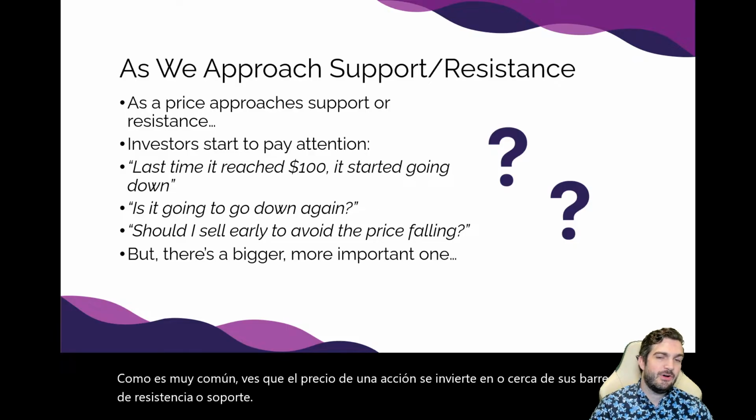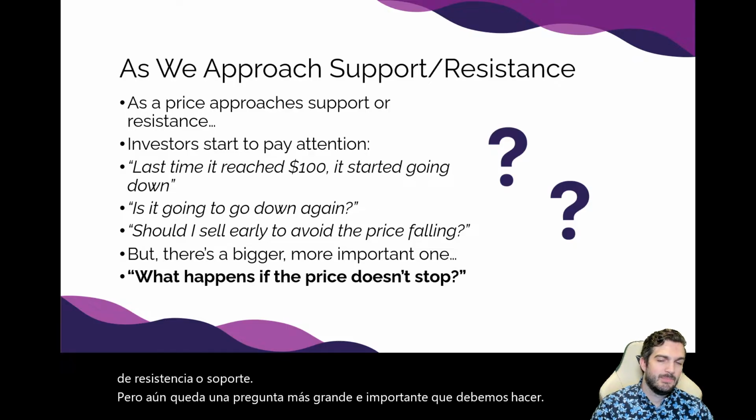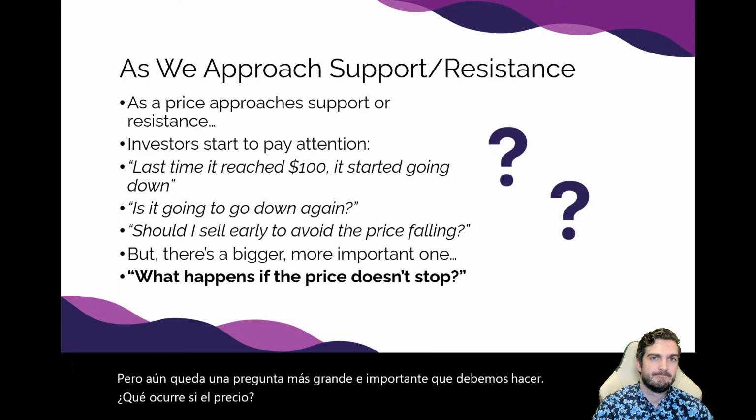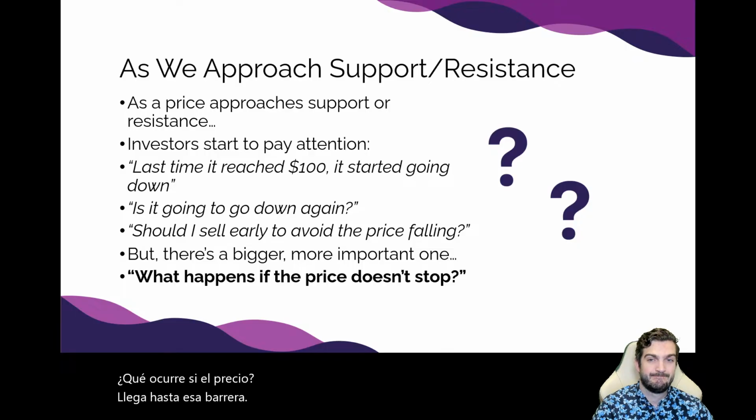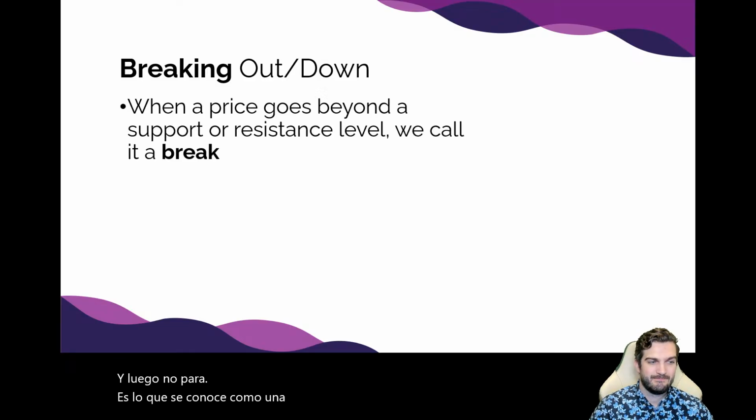But there's still one bigger, more important question that we need to ask. What happens if the price comes up to that barrier and then doesn't stop? That is what's known as a breakout or breakdown signal.